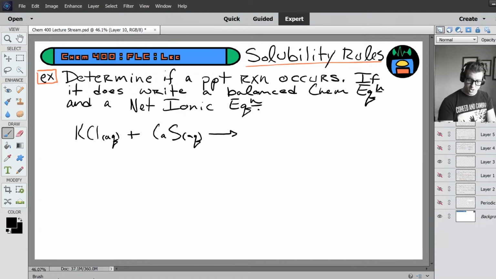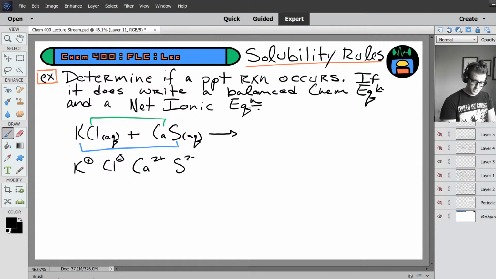All right, now we know how this is going to go down. Potassium grabs sulfide. Calcium grabs chloride. Now let's take a look at all of our ions. Potassium is a +1. Chloride is a -1. Calcium is a +2.